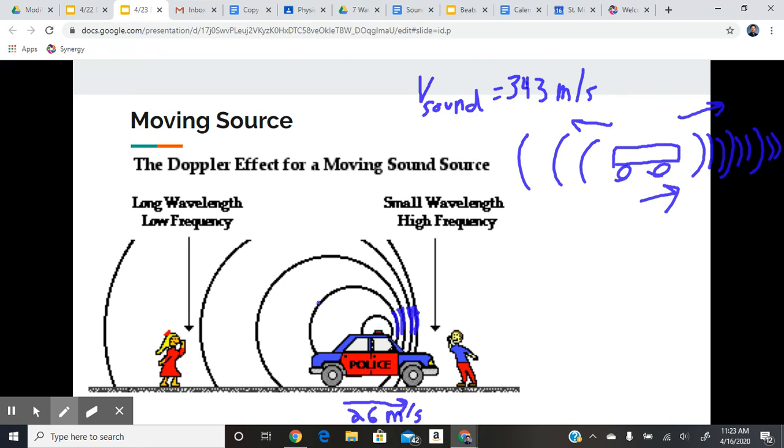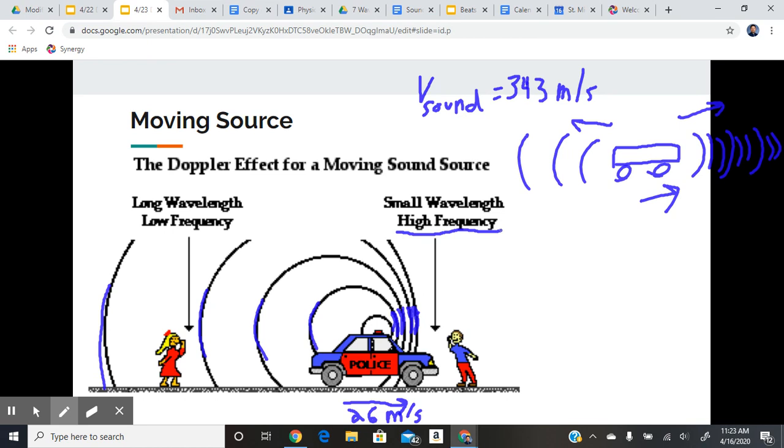Now you're going to have larger spaces between each wave, because the speed of sound can't keep up, since you're basically adding the speed of sound plus that 26 meters per second that the car is moving. So all these waves bunched up together in front give you a smaller wavelength, which then means a higher frequency. So that's why when a car is driving towards you honking its horn, it sounds higher pitched.